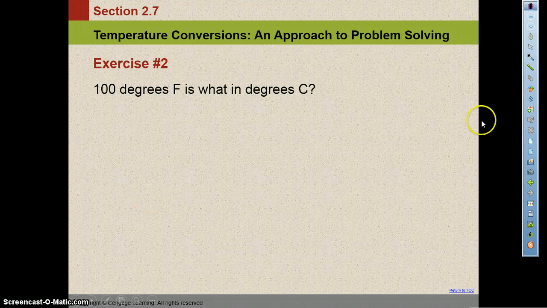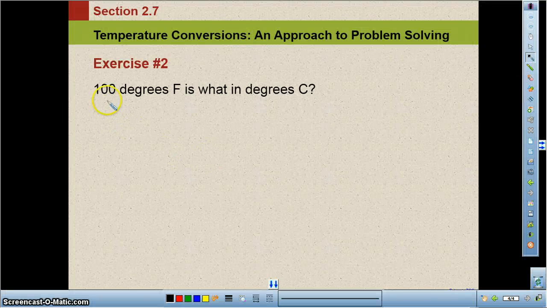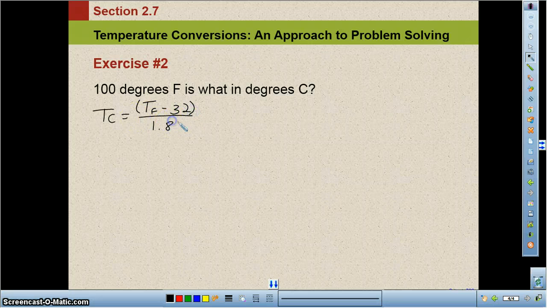It says 100 degrees Fahrenheit is what degrees Celsius? So we have Fahrenheit and we want to go to Celsius. So I'm going to choose the formula that is temperature Celsius that we just got through using, which is temperature Fahrenheit minus 32 all over 1.80. We're just going to plug that in. So it's 100 minus 32 divided by 1.80. Remember that you're going to take 100 minus 32 and hit your equal sign or put that in parentheses, one or the other.